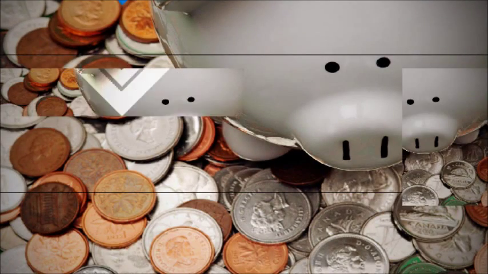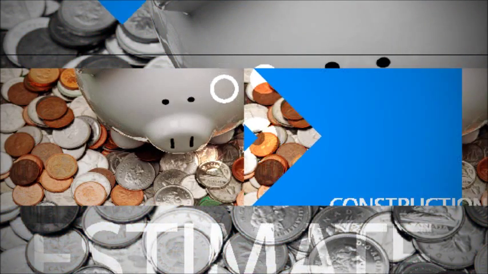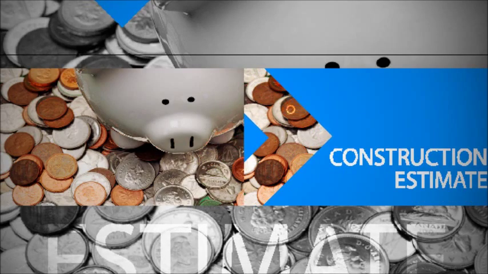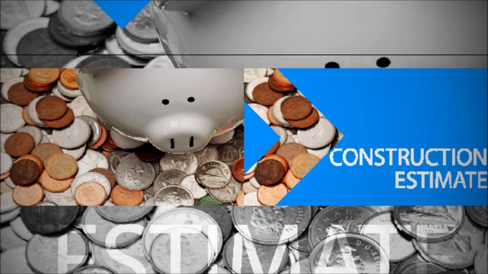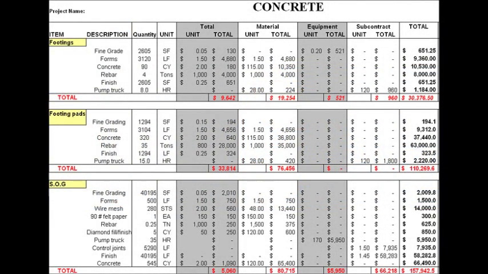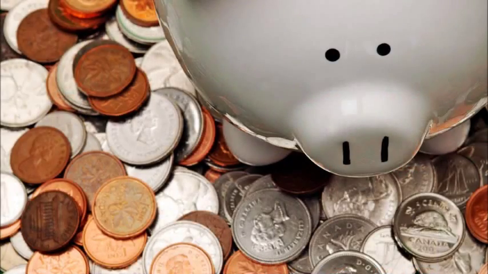Here's step number 4, your construction estimate. Getting a detailed estimation of the construction costs before you begin will be a very prudent decision. This can be achieved by acquiring the services of a quantity surveyor. However, if you are watching your startup budget, I strongly recommend at minimum a preliminary estimate that will provide a reasonable cost projection.